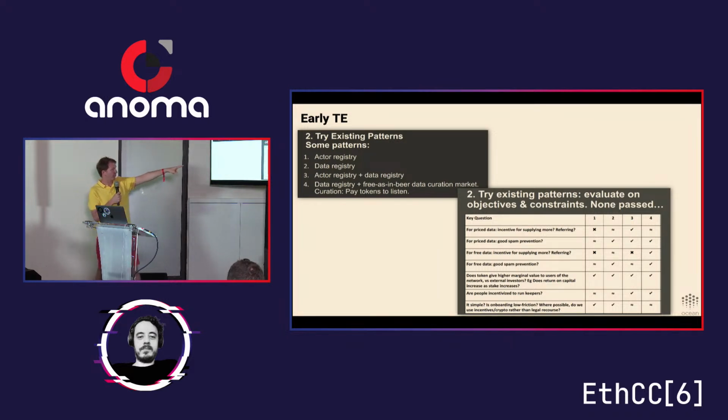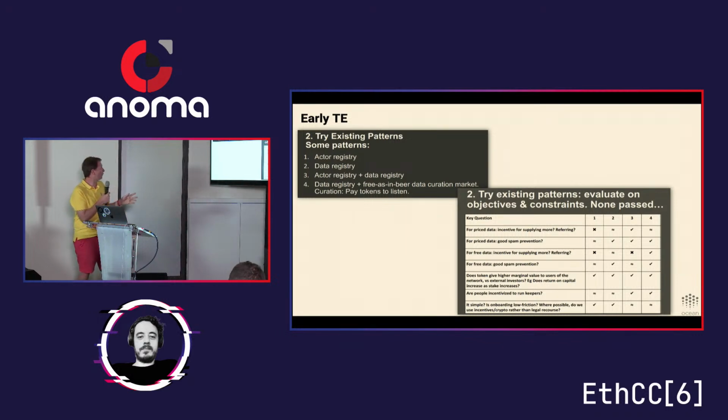And then the columns 1, 2, 3, 4 are different designs. Design number 1 was trying just an actor registry. In this case, it was a TCR of who's allowed to be part of this or not, right? And we knew that it wasn't enough, but we wanted to see how well it would do against the different objectives and constraints. And it failed on about 2/3 of them, as you can see, right? But that's the starting point.